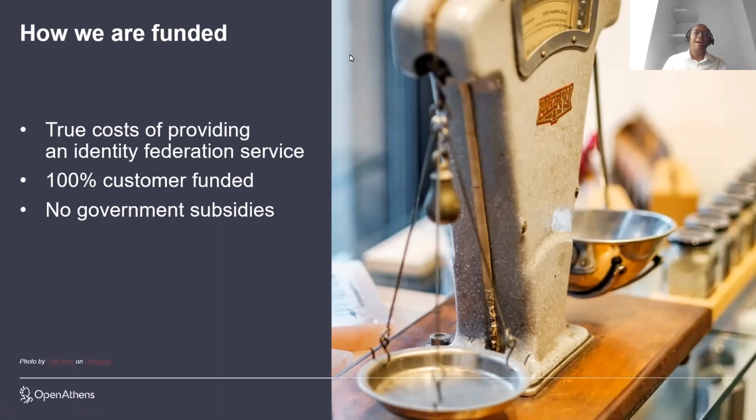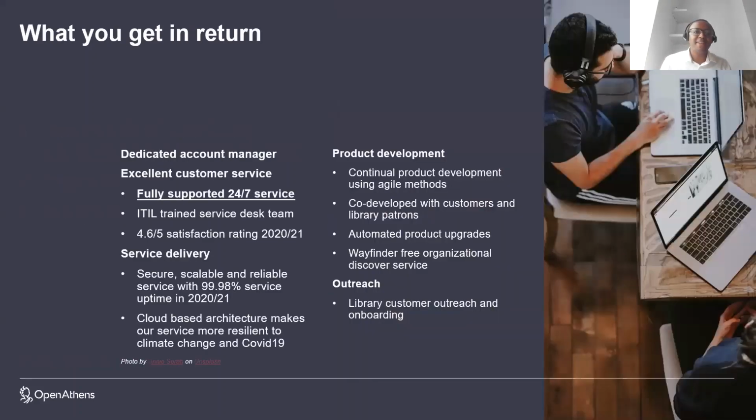Okay, and another thing as well, the technical support team that we have that is operating throughout all hours of the day is part of the benefits of the fact that we are a not-for-profit entity, because a lot of our funds are going into improving our services. Okay, so next slide, please, Sam.